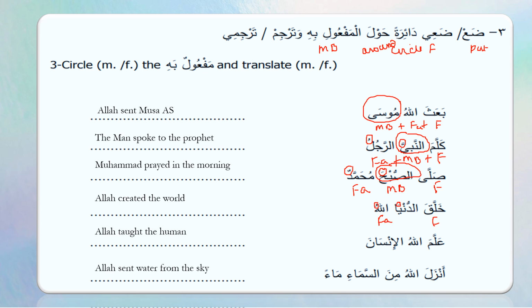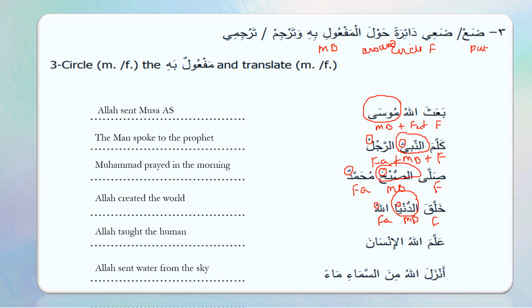So where is the maf'ulun bihi? Allah will create dunya and nobody else can create the dunya. So this is definitely our maf'ulun bihi. So Allah created the world. And our maf'ul bihi is in between because both fa'il and the maf'ul bihi have interchanged their place.